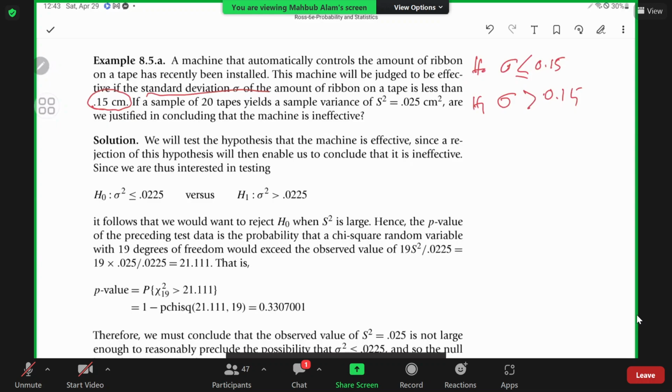The last topic of the semester: testing the equality of variances of two normal populations. We have the variance from one population, sigma x, and another population, sigma y. We want to check whether they are equal or not.